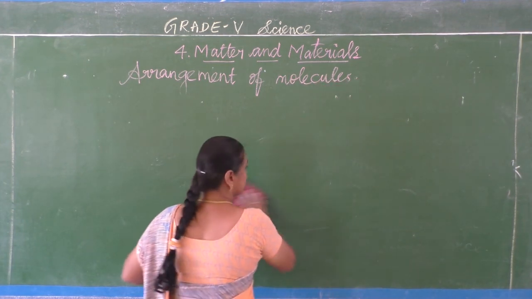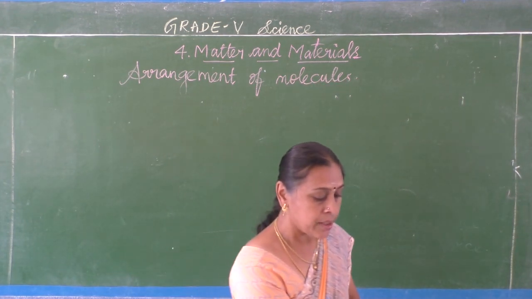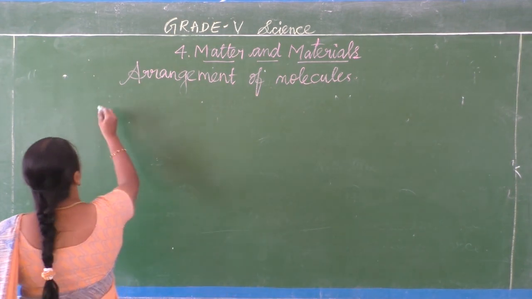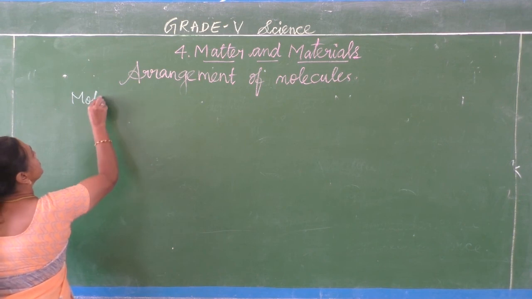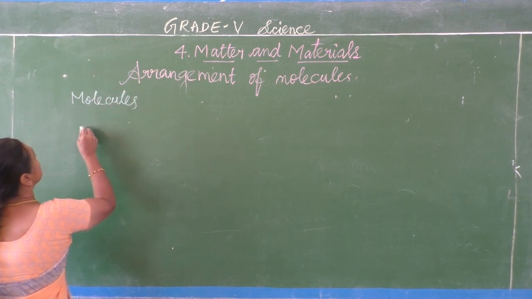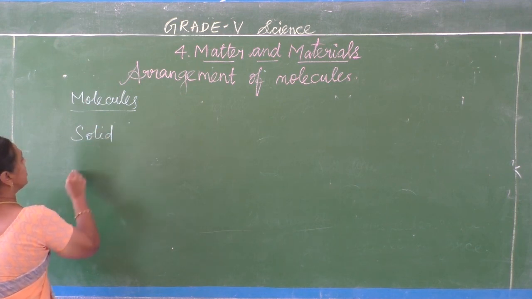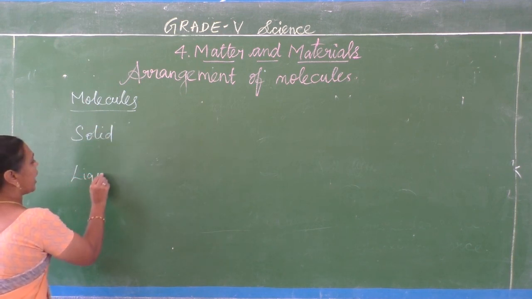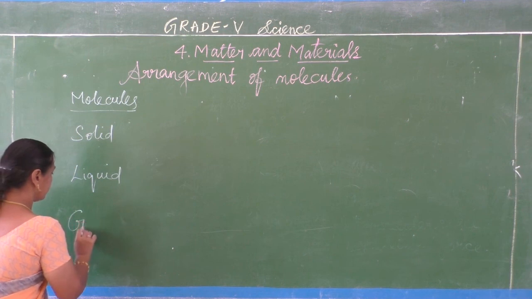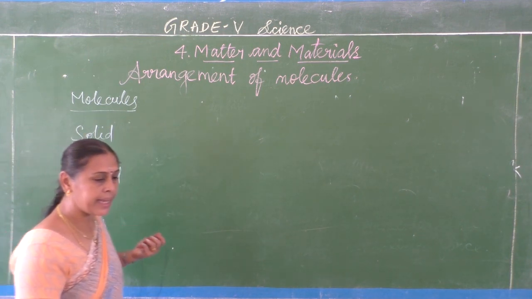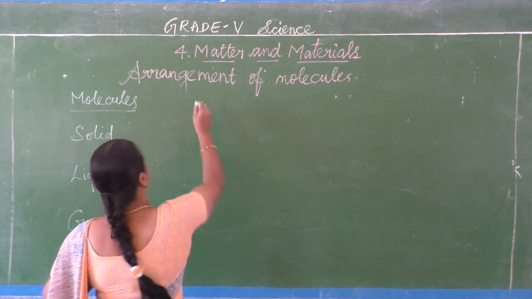So matter is classified into three types. What are they? Solid, liquid and gas. Then how are the molecules arranged in them?